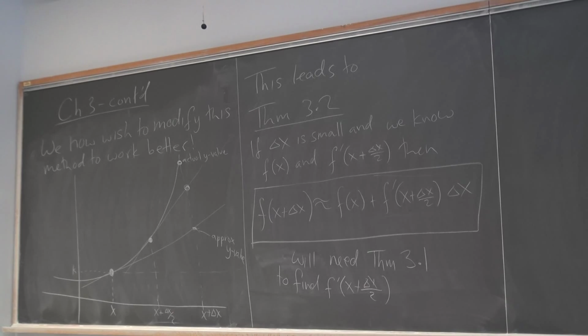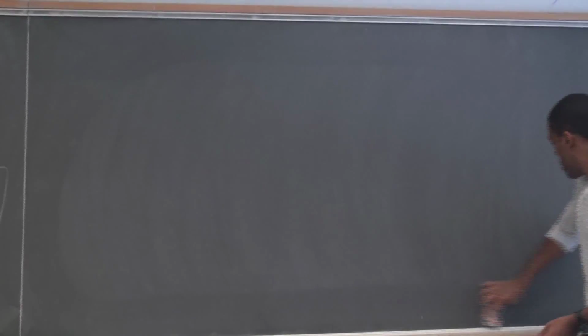So just like before, we're going to play around with this formula a little bit to approximate some random numbers, and then we will actually use it in a table form, not similar to what we just did with theorem 3.1.